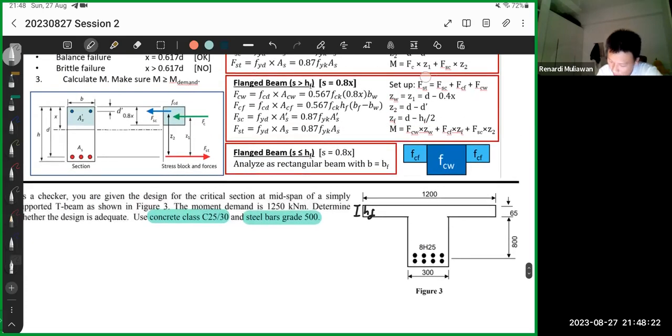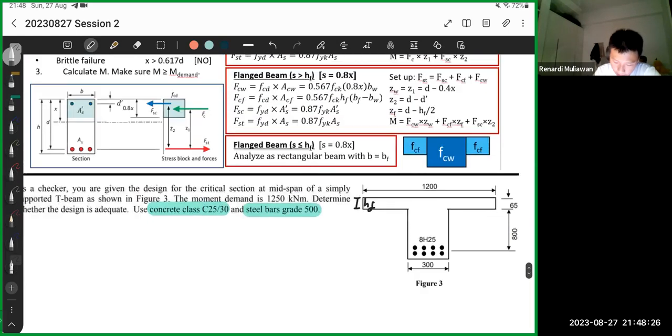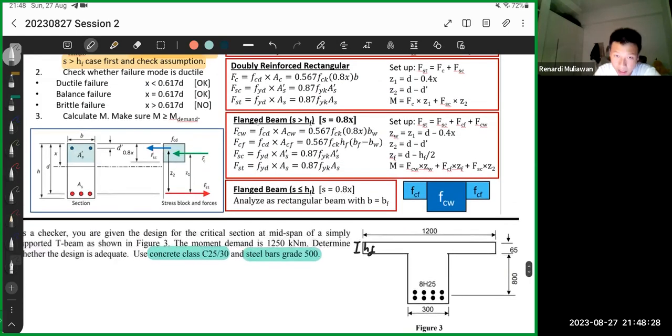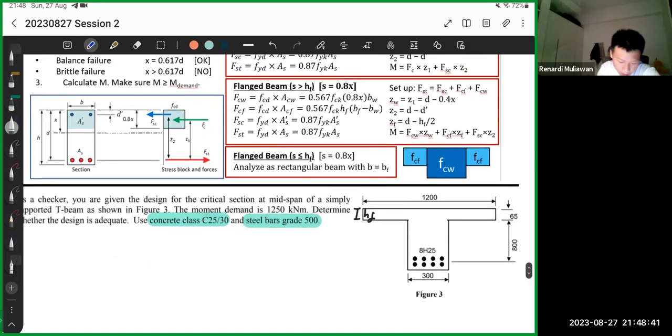I'll explain this first. This is the one that I told you before. These are the stresses, these are the areas, and force is just stress times area. For flange, we divide it this way. This is the case where the neutral axis is below, so it's somewhere here, and you look at this as the compression.